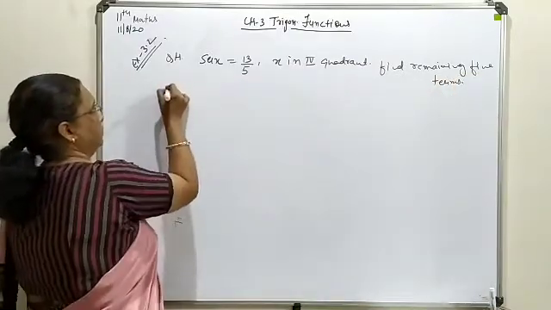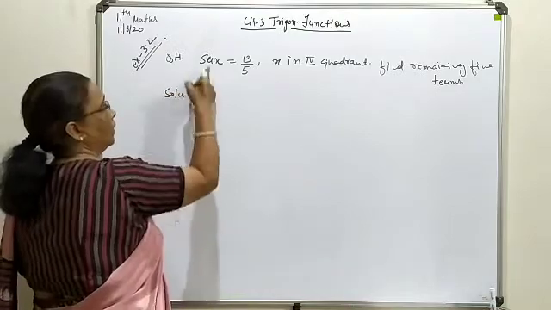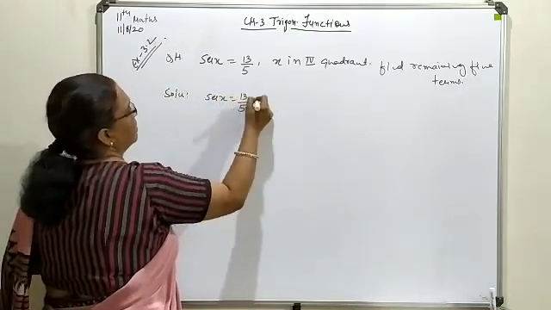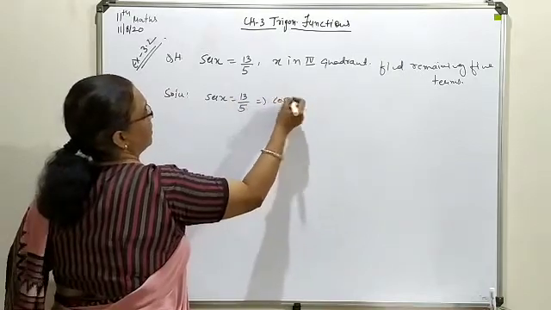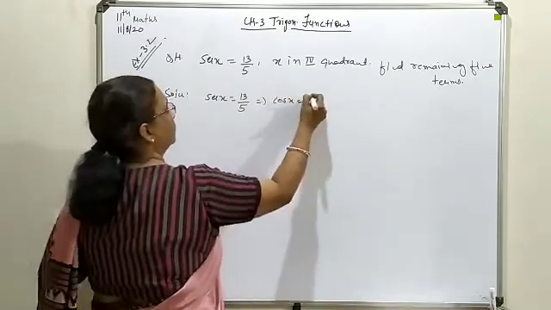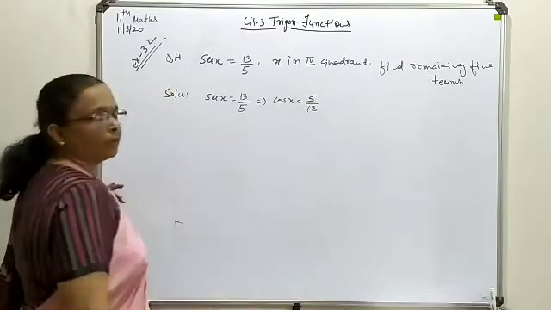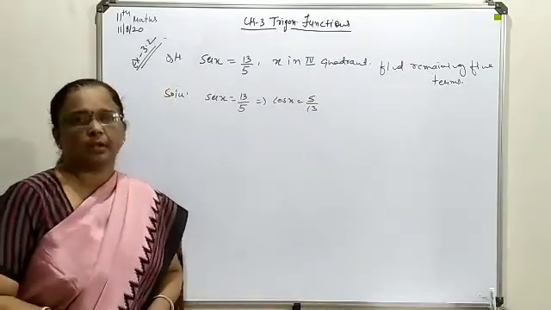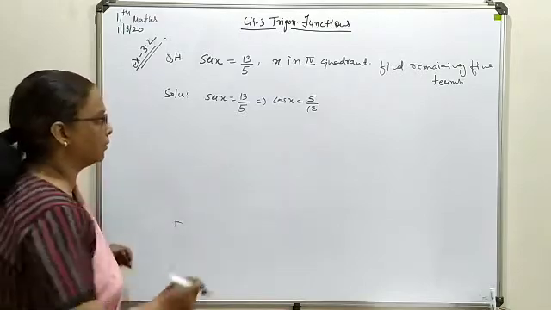Here you can see sec is available, meaning we can write cos here as the reciprocal of this one, meaning 5 by 13. Now again the missing parameter is the opposite side, so find it out.